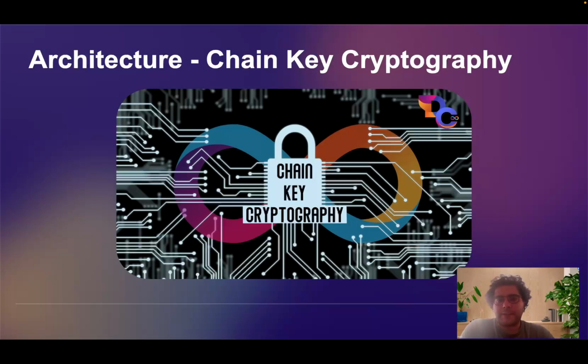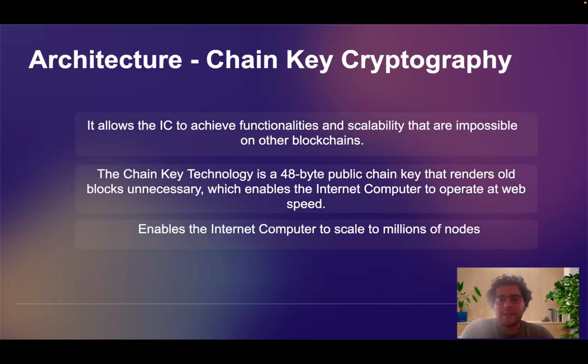And the third pillar of the architecture is chain key cryptography. It's what enables the Internet Computer to work at web speed. It allows the Internet Computer to achieve functionalities and scalability that are impossible on other blockchain networks. The chain key technology is a 48-byte public chain key that renders all blocks unnecessary, which enables the Internet Computer to operate at web speed, and it also enables it to scale to millions of nodes.